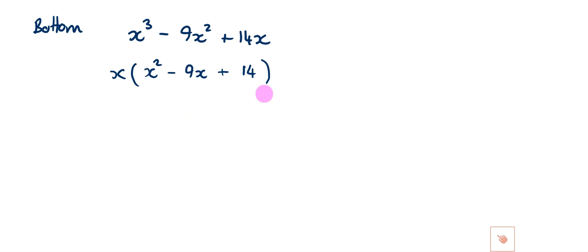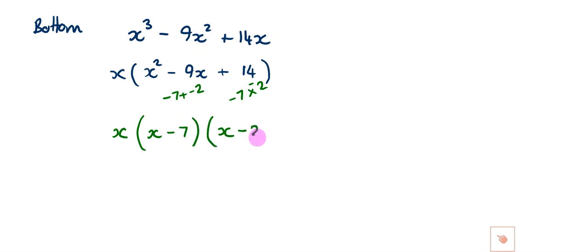Minus 2 and minus 7. 7 times 2 would give me 14, but they've got to be negative, so both of these would have to be negative, and that sorts that out, because -7 add -2 does indeed make -9. So we've still got the x on the outside, but now it would become x minus 7 and x minus 2.